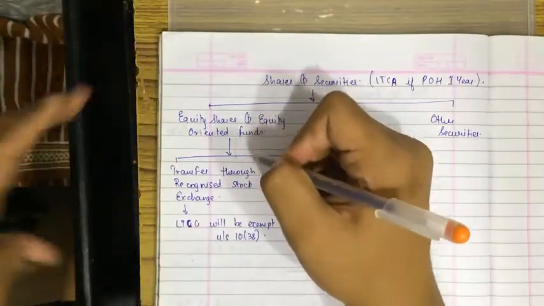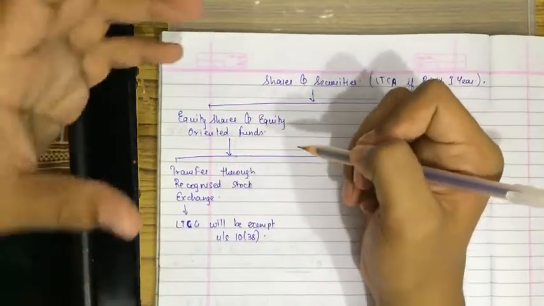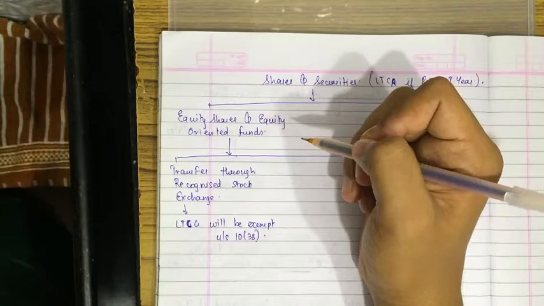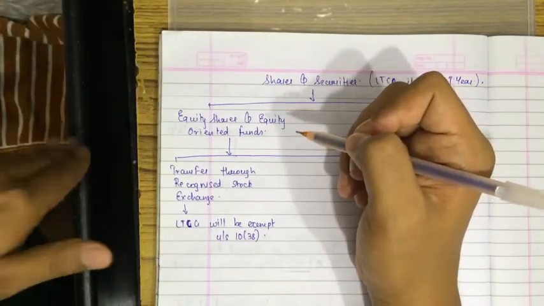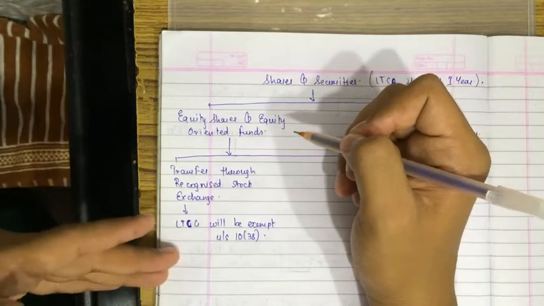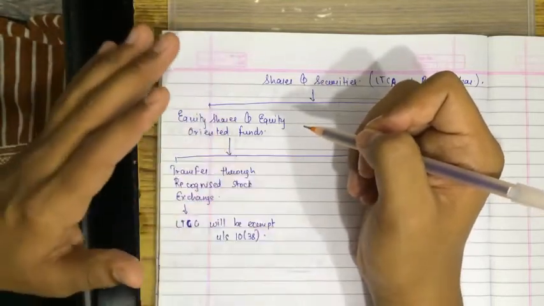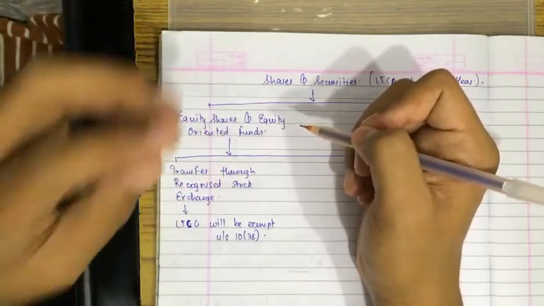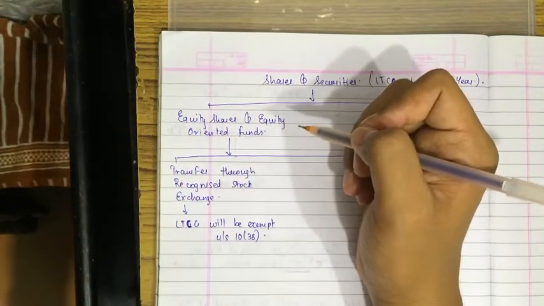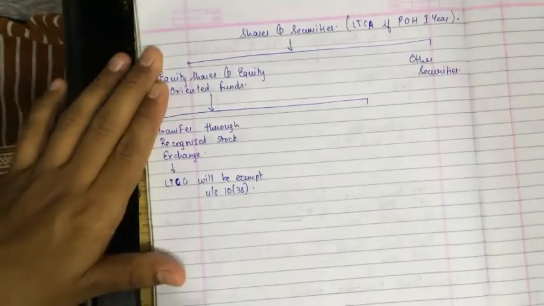Long-term capital gain on equity shares: if the equity shares are held for a period of 1 year or more, and after that they are sold and a capital gain is incurred, that long-term capital gain income is totally exempt. You do not need to pay a single penny of tax on such long-term capital gain.